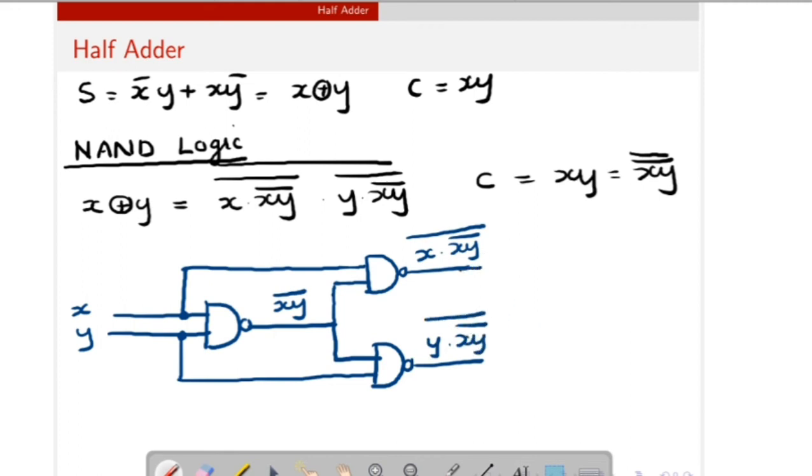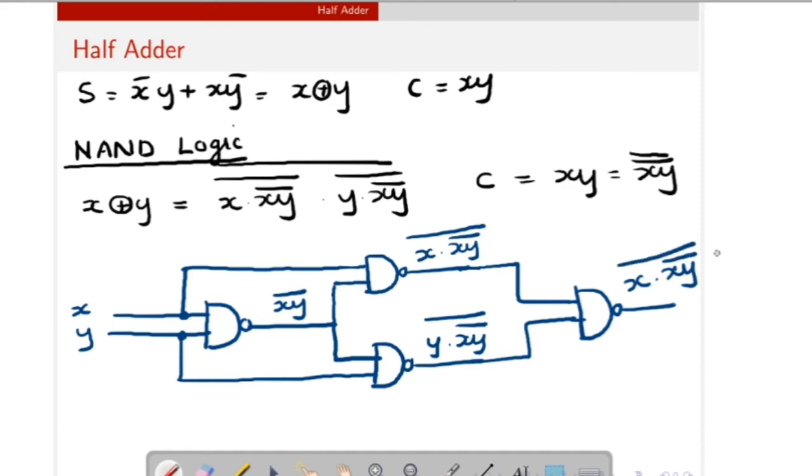When you take these two inputs NANDed together, the output is x into (xy) bar whole bar into y into (xy) bar whole bar whole bar, so we have the sum value.